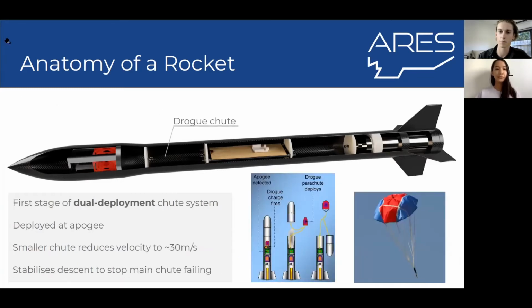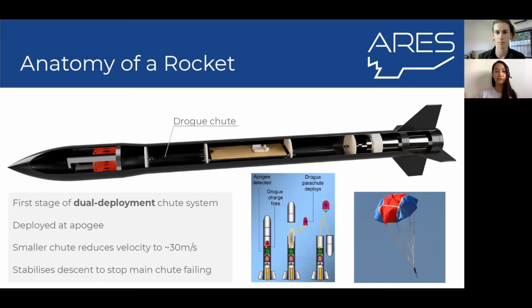Awesome. So now we're at the section where you would deploy a drogue chute. So a drogue chute is a smaller parachute, and it's ideally going to be ejected at apogee. So once it reaches the highest point, we're going to eject the drogue chute, and its main function is to try and slow down the rocket and stabilize its descent to a sufficient speed so that when the main parachute is deployed, it's a success.